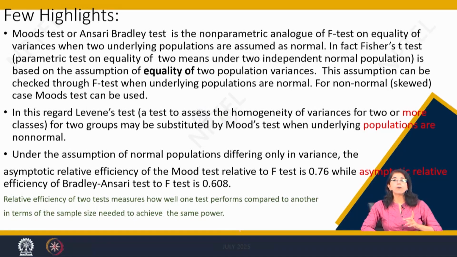But if your populations are not normal or are skewed, in that case, mood test can be used for checking the equality of two population variances. In this regard, Levene's test is very popular, to assess the homogeneity of variances for two or more groups, and it may be substituted by mood test when underlying populations are non-normal.